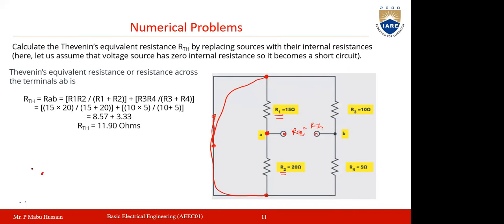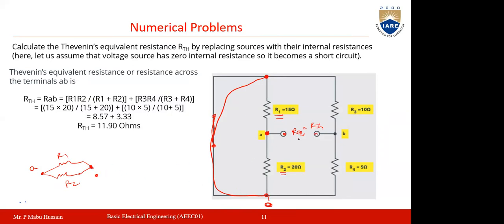So if you take A here, then R1 and R2 are connected between the same nodes. Here, if you take this node as the ground node, let us say, or 0 node, then this will be the one.